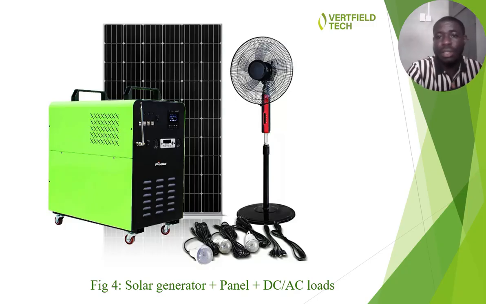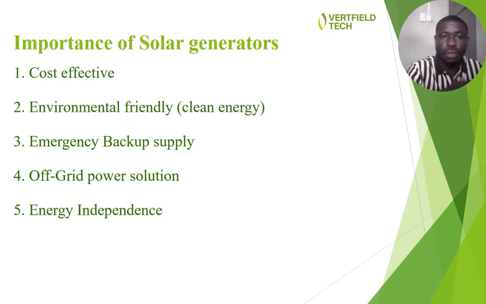Yes, your solar generators can power them if they are designed to power such a large amount of loads. You can see this one can power the DC fan and your DC box, so it can power a larger number of loads. If you ask me, yes, it can actually do that.